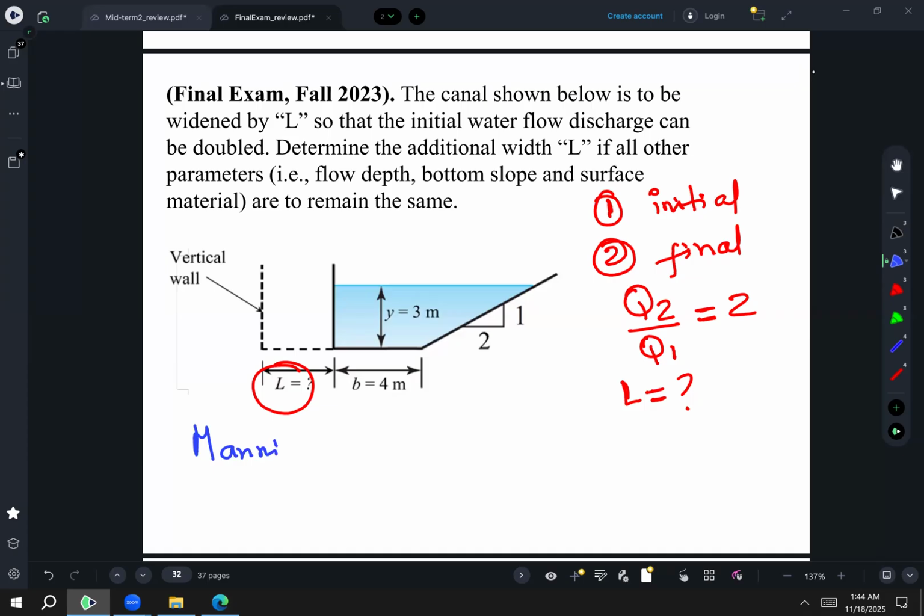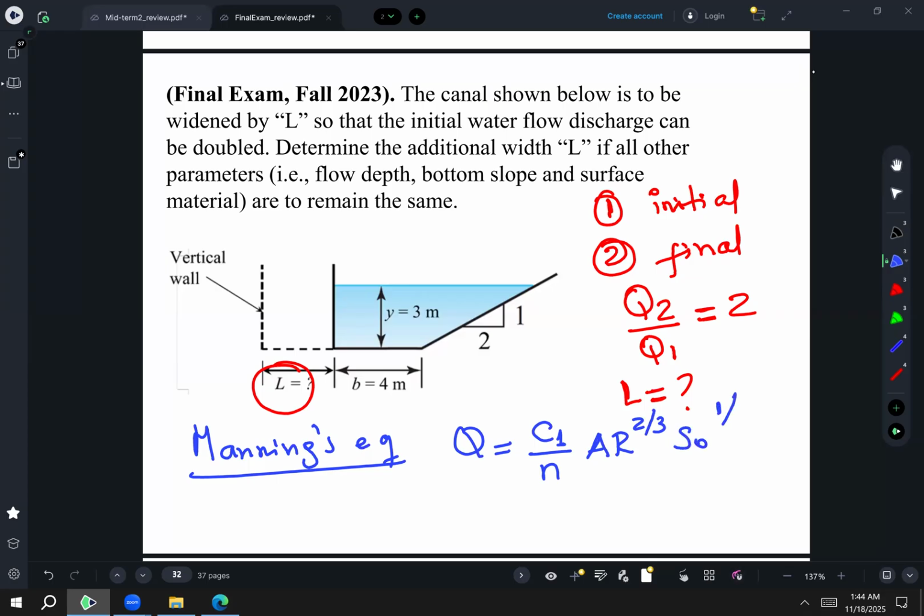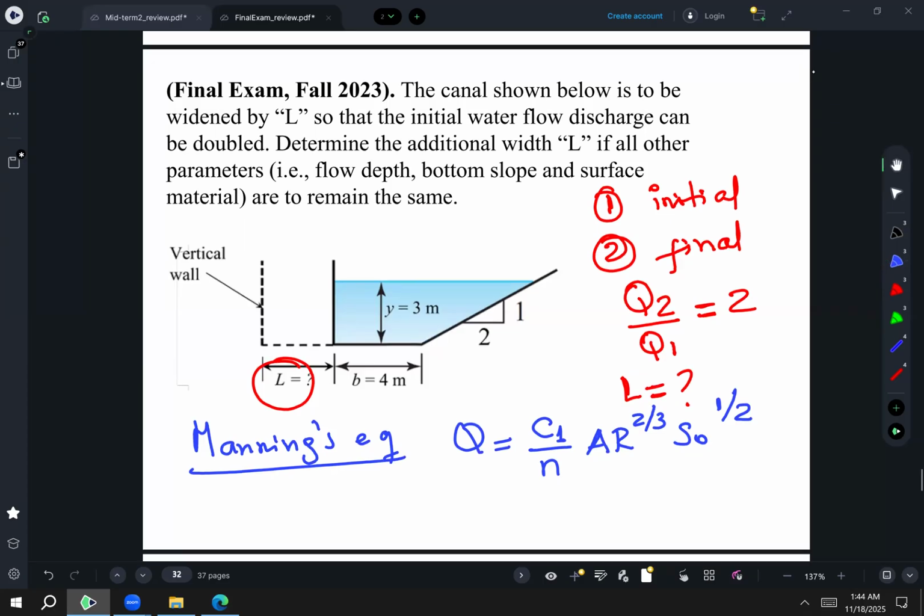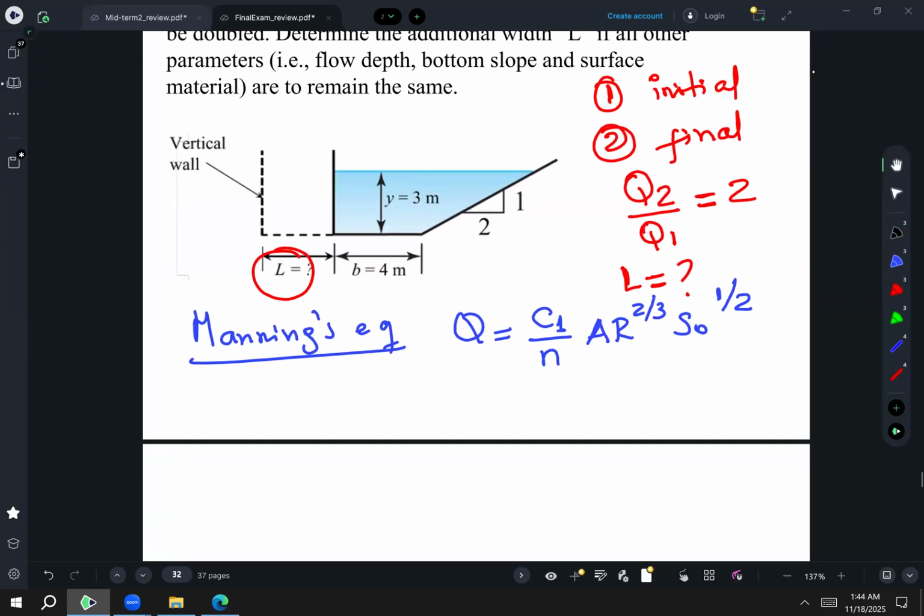The Manning's equation is Q equal to coefficient C1 over n times area times hydraulic radius to the 2/3 times the slope of the channel to the 1/2. I know that the ratio between the flows, Q2 divided by Q1, will be equal to 2.